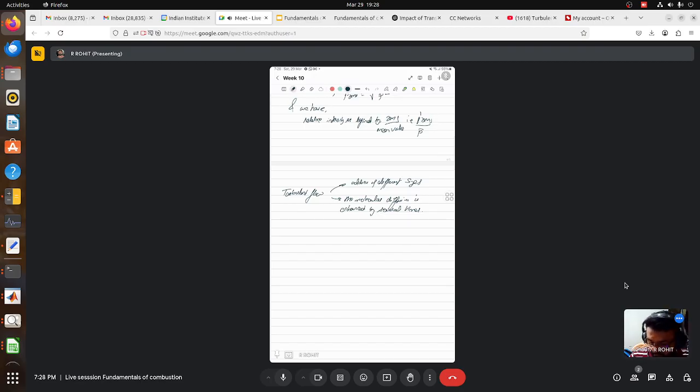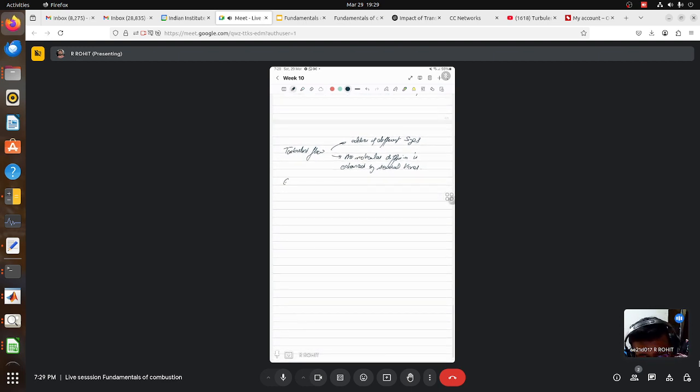So energy cascading happens. Energy cascading is where the main flow exchanges its energy to a large eddy, which exchanges it to a smaller eddy, and this continues and so on.